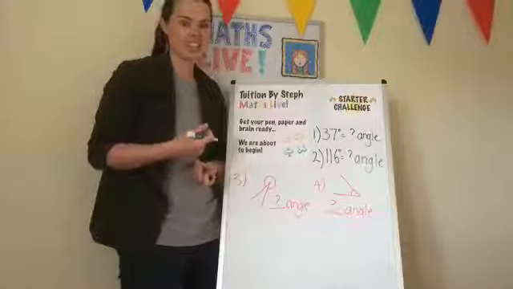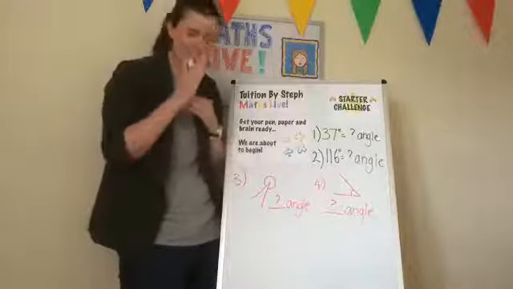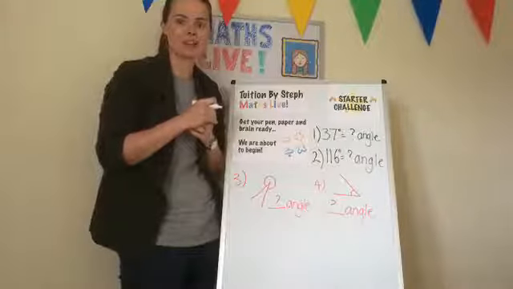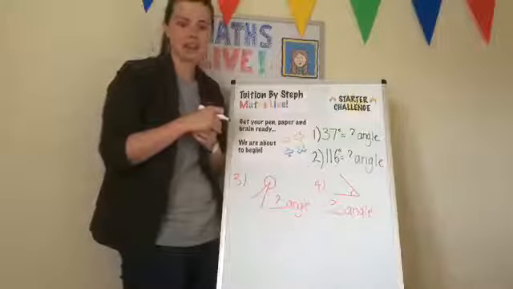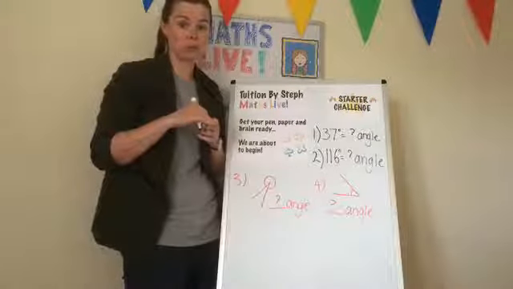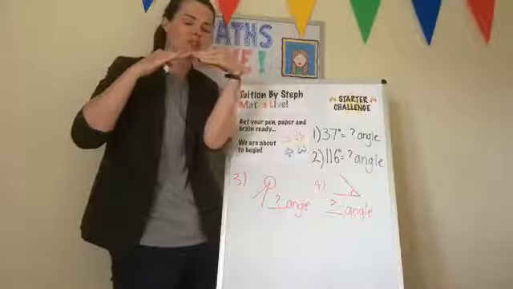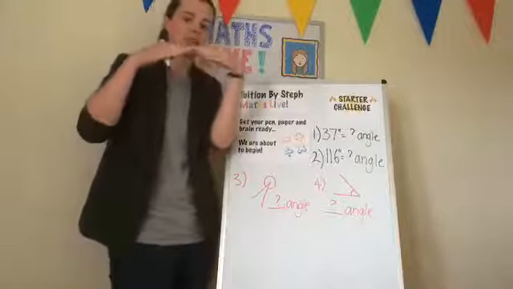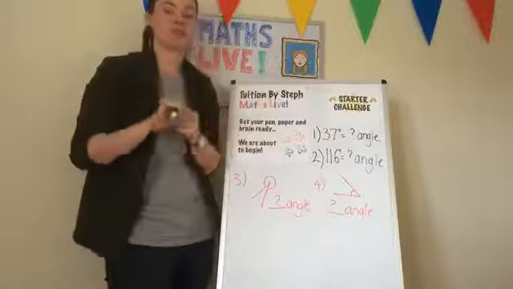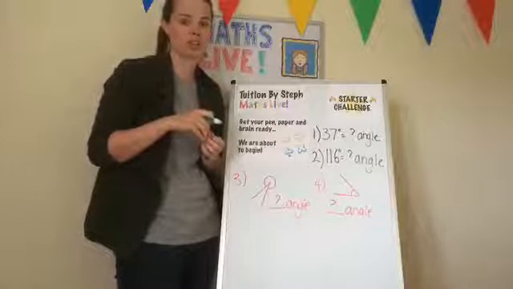They are less than 90 degrees. 90-degree angles themselves, which are perfectly 90, are called right angles. Angles that are bigger than 90 degrees but smaller than a straight line are called obtuse angles. And then you have a straight line, which is exactly 180 degrees. And then any angle that's bigger than 180 degrees is called a reflex angle, and that will go right through to a full turn, a full circle.